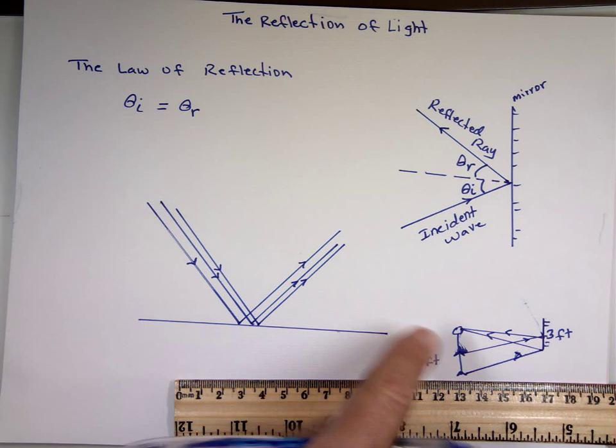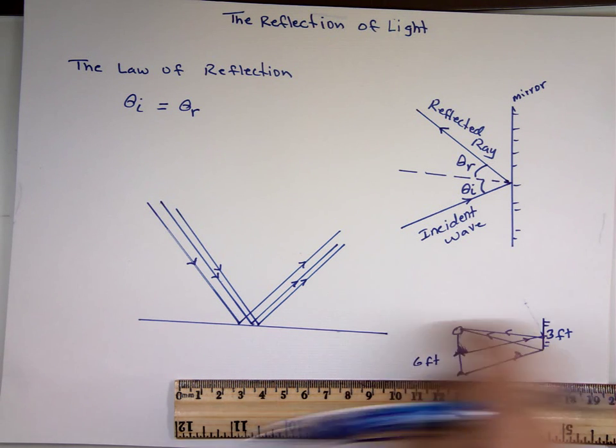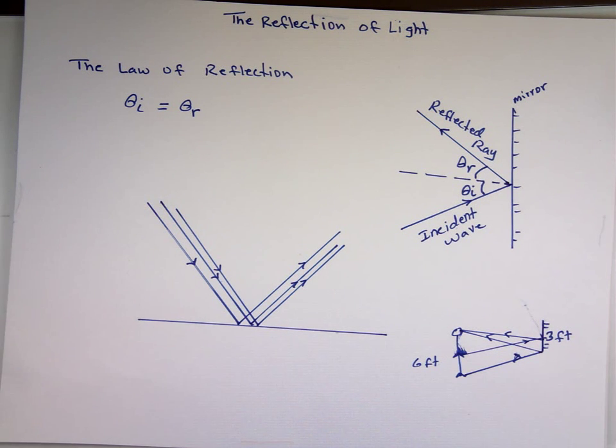My head should be as high as the mirror actually, but that's not really as high as the mirror there. So I get to see the whole thing. But that's why you need a mirror half your size to be able to see your full body. The farthest point possible is your toes, down there. So to see them, you need a mirror half of your height, because that angle is going to equal the reflection.